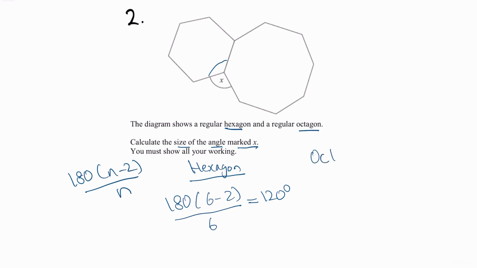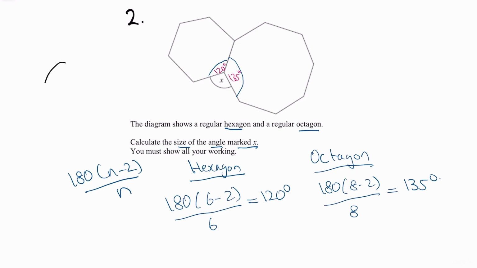An octagon will be 180(8 minus 2) divided by 8, which will get us 135 degrees. So we know this has to be 120 degrees, and we know the angle here has to be 135 degrees. We know that angles in a circle have to equal 360 degrees.